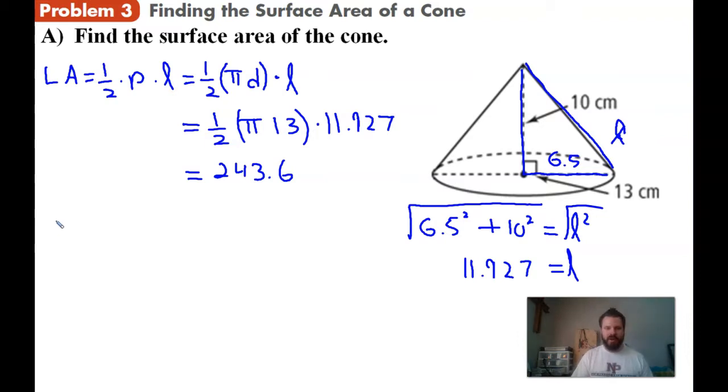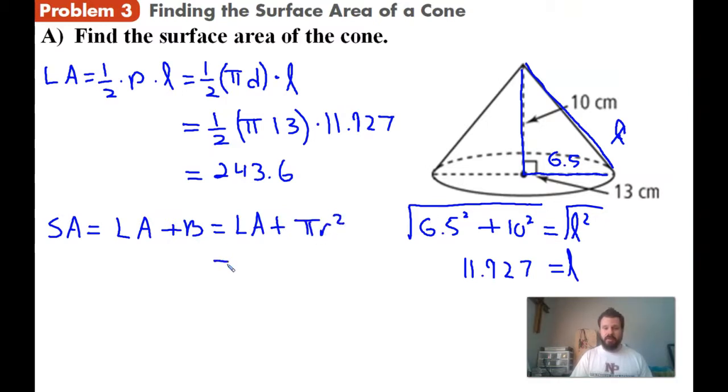And then from there, surface area is equal to lateral area plus the base. Okay, so lateral area plus, we're talking area of a circular base, that's going to be pi r squared.